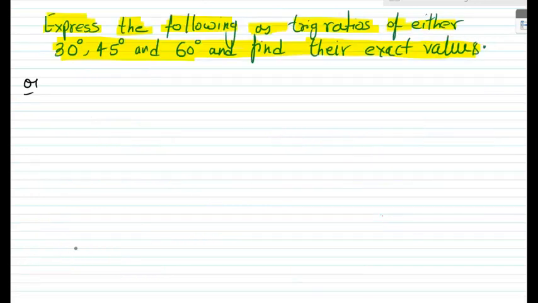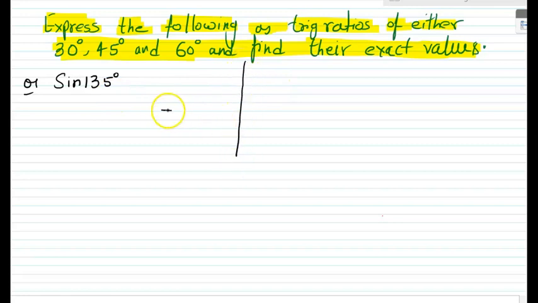So here you need to find the following trigonometric ratios in terms of 30 degrees, 45 degrees, 60 degrees and their exact value. Our first value is sine 135 degrees. How will we do it? Just see. Let's draw this quadrant. Write down "add sugar to coffee."